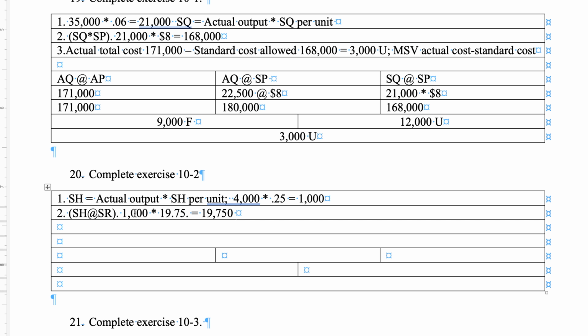Or wait, nope, not yet, sorry. Not yet, I apologize. Number 3 says, what is the labor spending variance? So the labor spending variance equals the actual costs minus the standard cost.